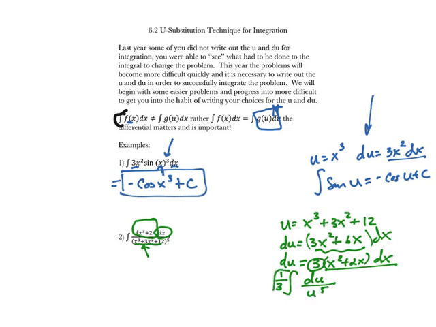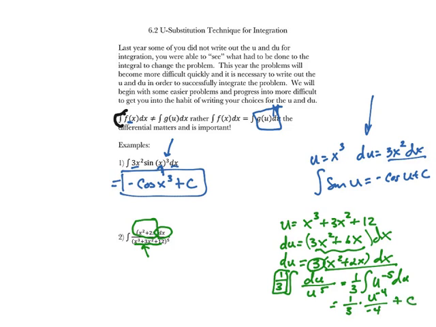So that 1/3 times the 3 for the du cancel each other out. This integral might be easier to integrate if I rewrite it as u to the negative 5 du. So when I integrate, I add 1 to the exponent, so that would be negative 4, and divide by the new exponent. So I'd have 1/3 times u to the negative 4 over negative 4 plus c.